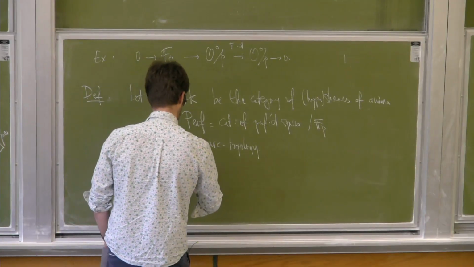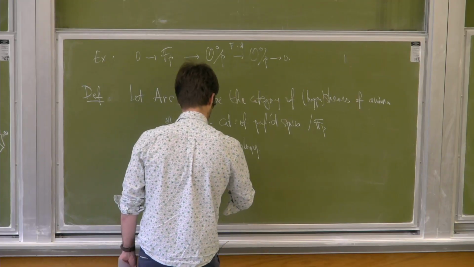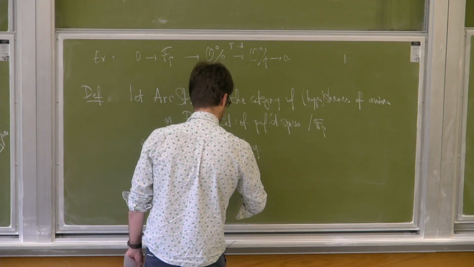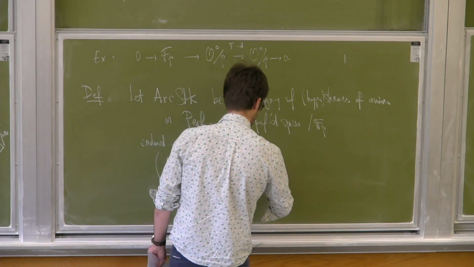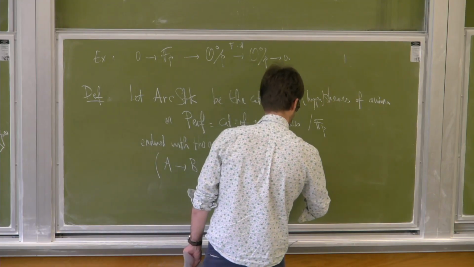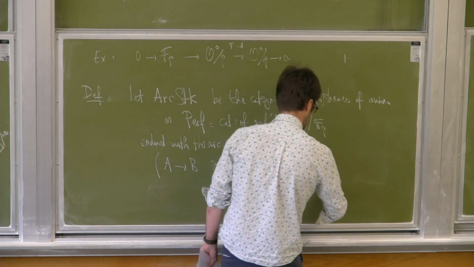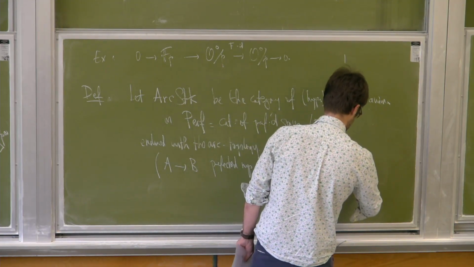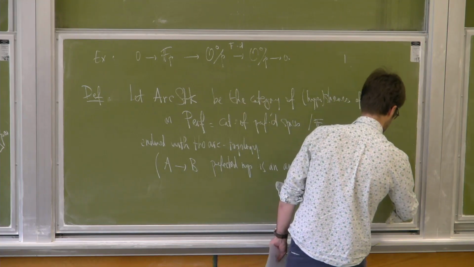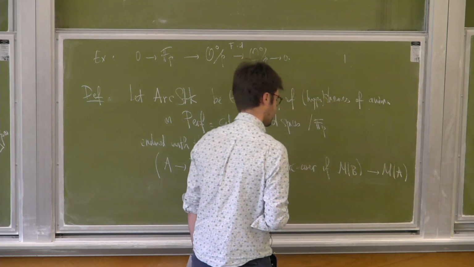And here the arc topology is a very fine topology, so a morphism A to B of perfectoid rings defines an arc cover if, when you look at the Berkovich spectrum, the associated map is surjective.